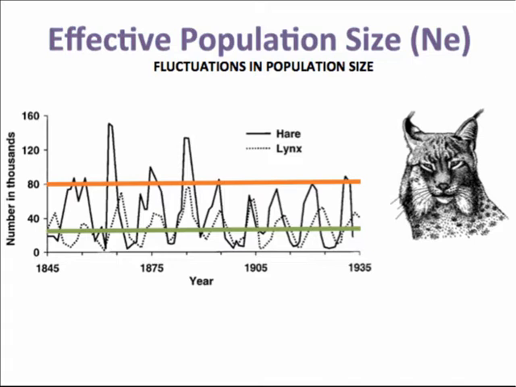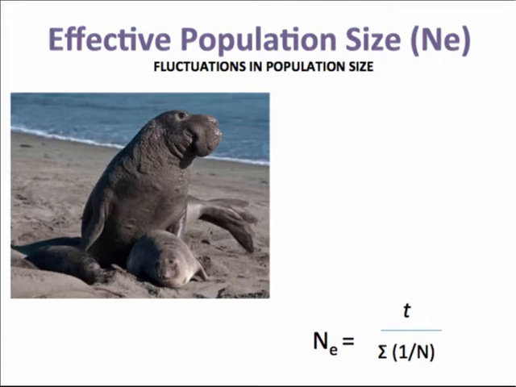And when you calculate the harmonic mean, it's calculated using the reciprocals. So the equation that you would use is this. It would be the effective population size is t, or generations, over the sum of 1 over N, or the census population size.